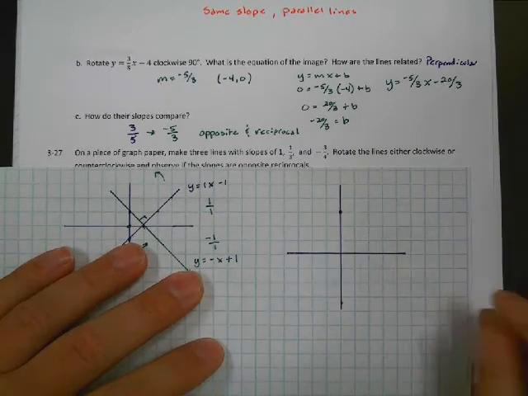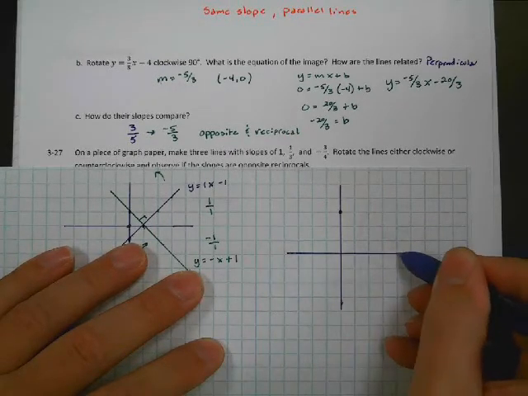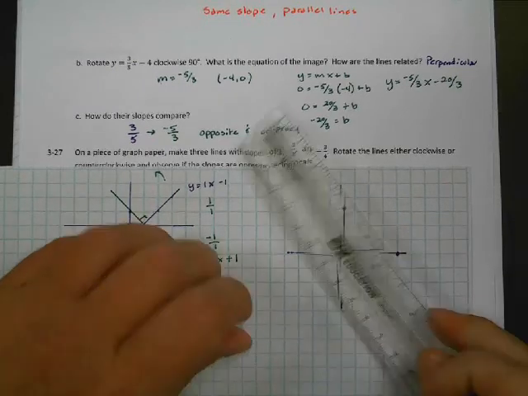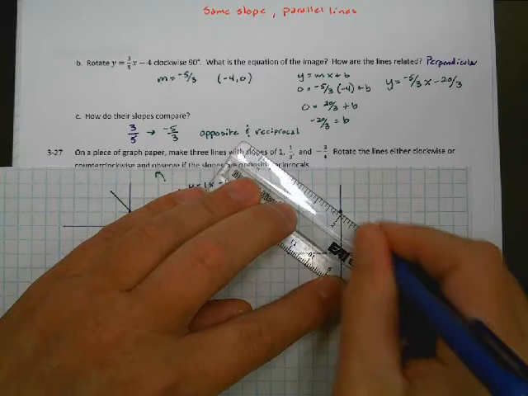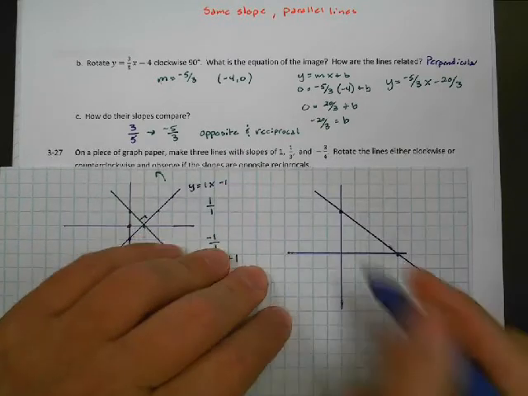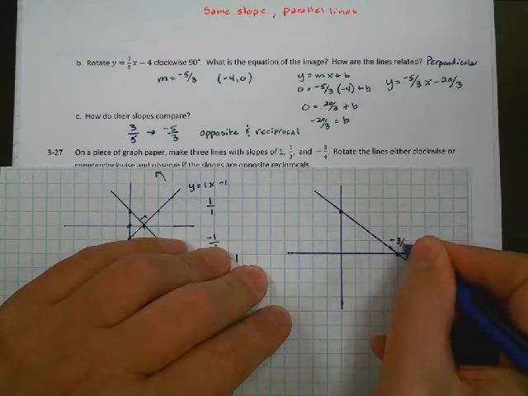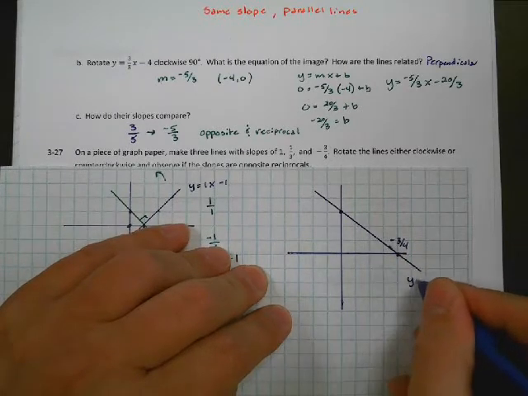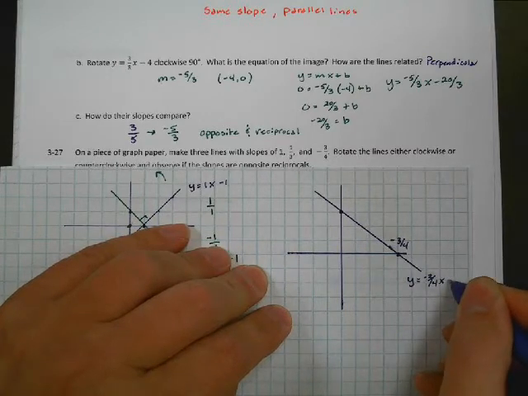That's going to be my y-intercept, and then I'm going to go down 3 over 1, 2, 3, 4. All right, so I just made the equation y equals -3/4 x plus 3, because my y-intercept was 3 and my slope was -3/4.